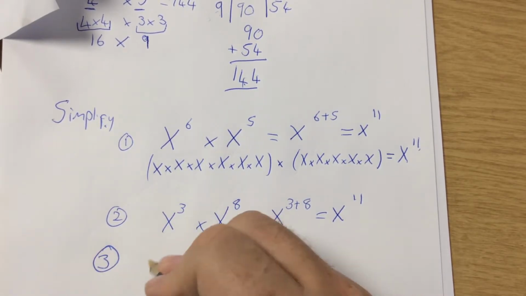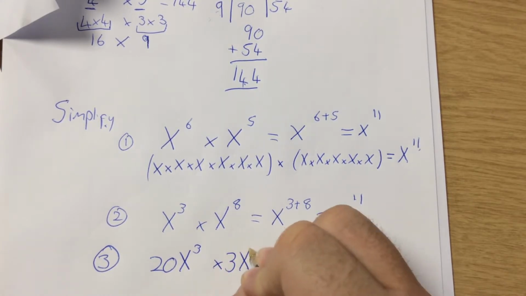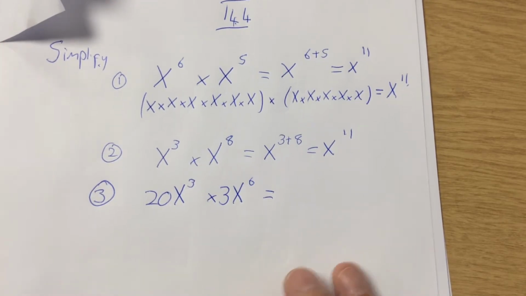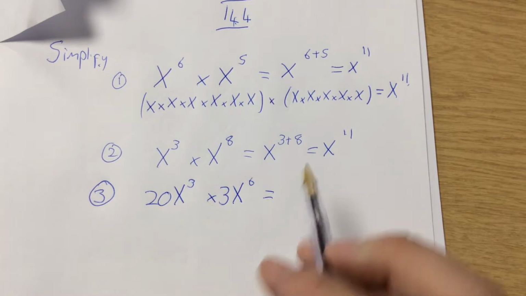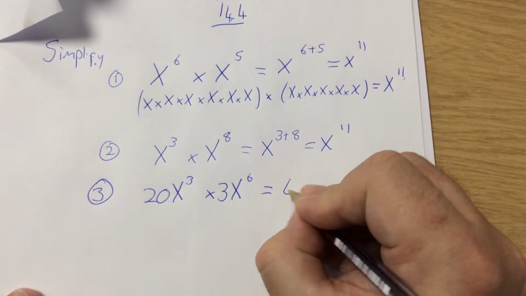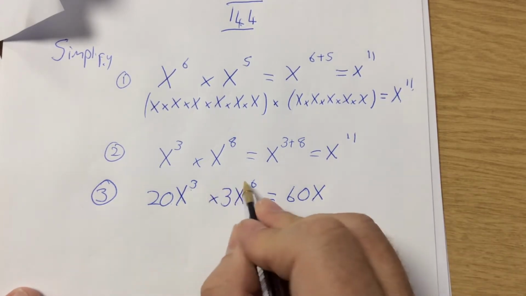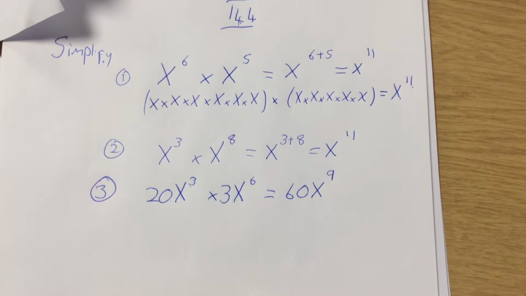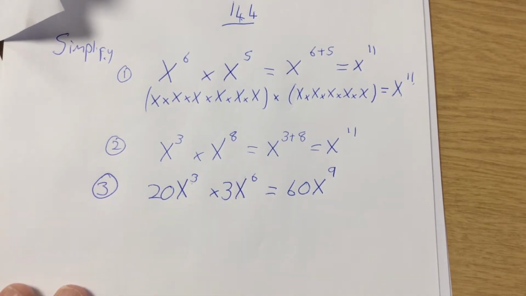If I change it so it becomes 20x cubed times 3x to the 6, what I need to do now is multiply the normal numbers normally. So 3 20s are 60. And then all I have to do is add the little powers. So 3 add 6 makes 9. That's how you do normal indices: you multiply the numbers normally and then add the little powers.